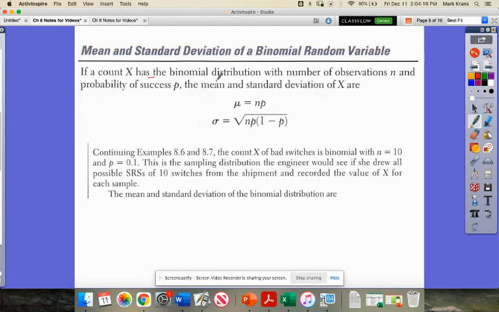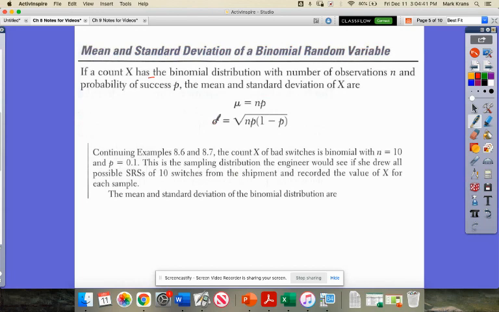So if X has a binomial distribution with a number of observations N and probability of success P, the mean and standard deviation are as follows. If I roll a die 30 times, my N is 30. My probability of rolling a 1 is 1 out of 6. So if I roll it 30 times, I would expect 5 of each. The number 30 times 1/6 gets me that 5.